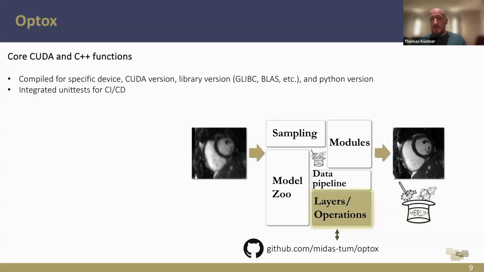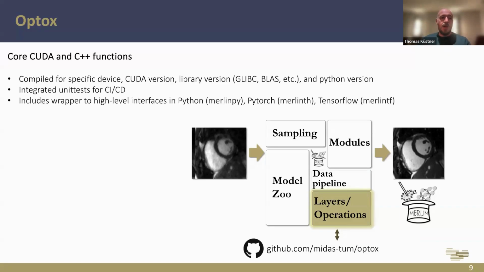And they also have integrated unit tests for continuous deployment, so that we can continuously monitor and see that the code we have developed is still performing the same way, even if we add functionalities later on. We include wrappers to these high-level interfaces of MERLIN Py, MERLIN TH, and MERLIN TF. So for you as an end user, you only need to take care of installing optox one time, and then you don't need to care about this package anymore.